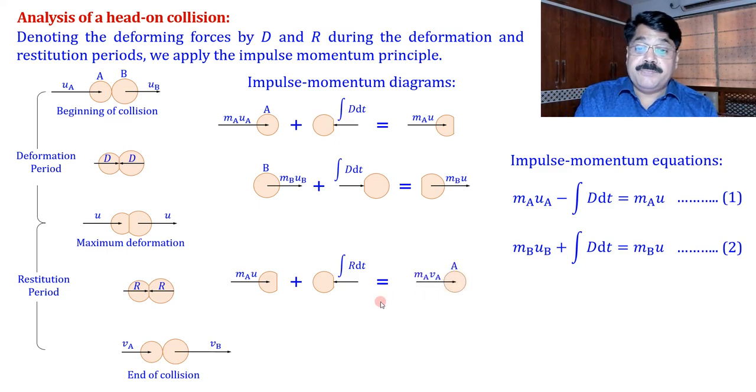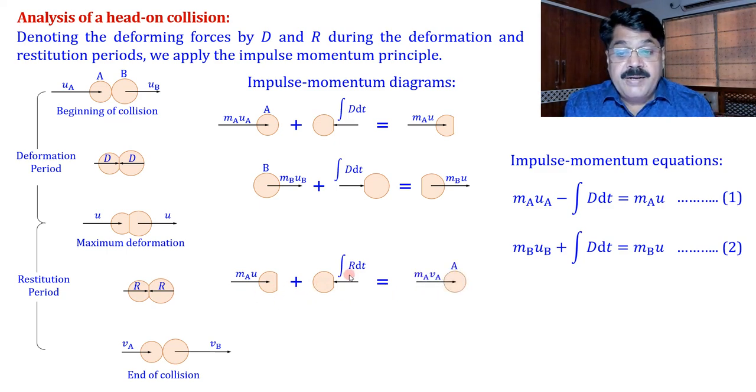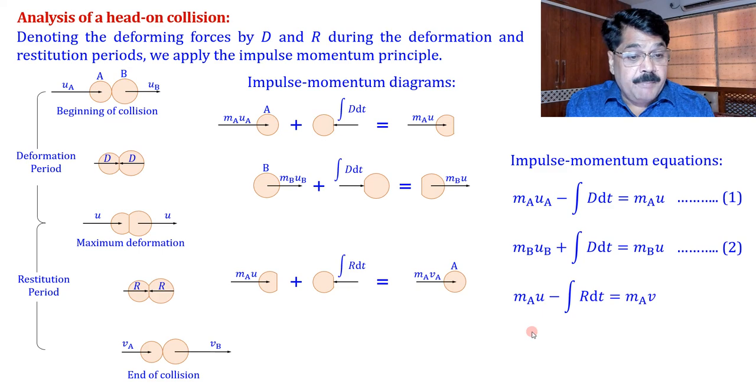So what will be the equation? MAU minus integral of R dt is equal to MAVA. Equation number 3. Again I mention here that this integral is a definite integral. It extends from the instant of maximum deformation to the instant when interaction between the bodies ceases, or collision ends.